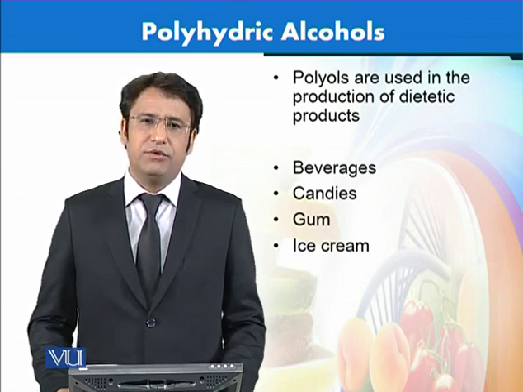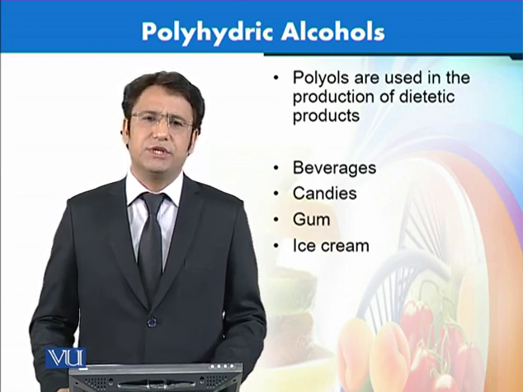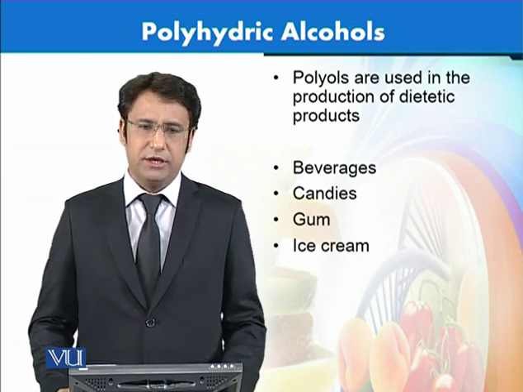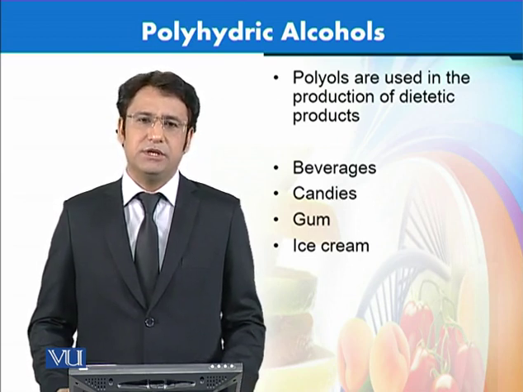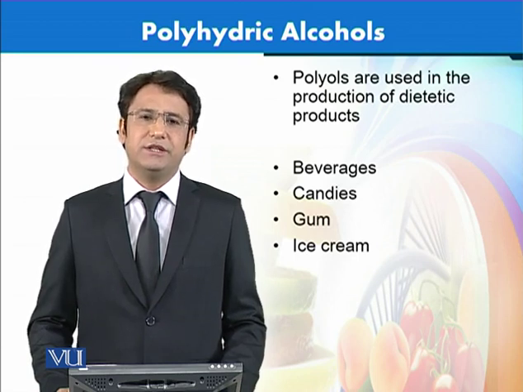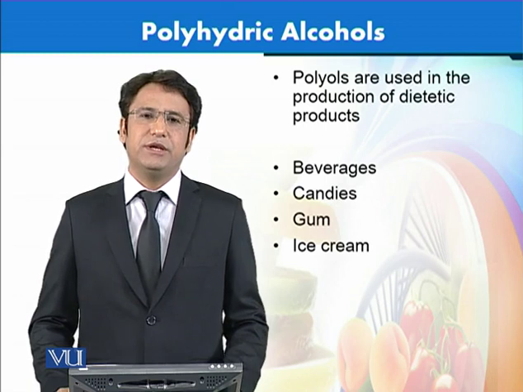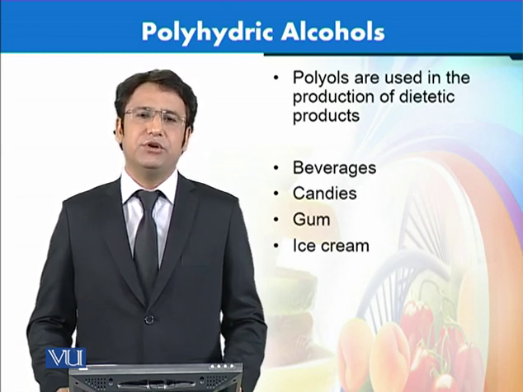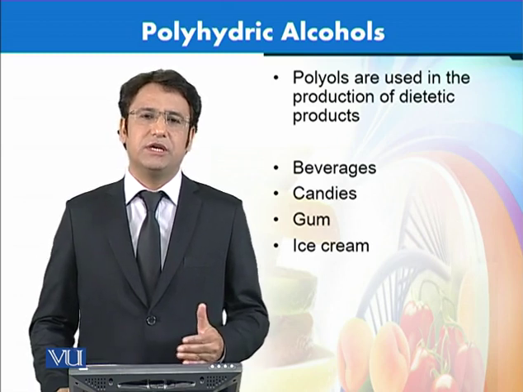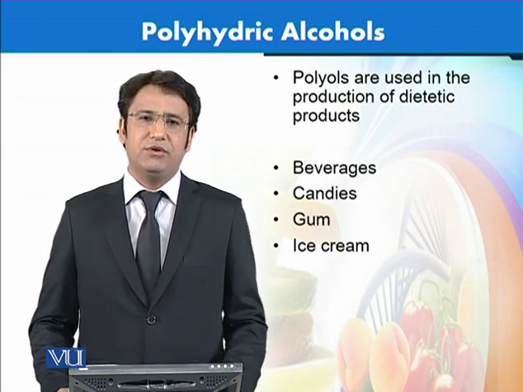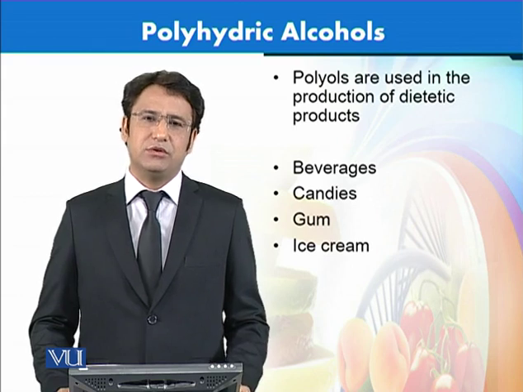Another benefit of using these polyols is that they are used in dietetic products. As I said earlier, for example, in bubble gums or in any other food products in which we want to reduce the glucose content, because diabetics would have problems if they consume a larger amount of glucose, or if they are consuming a food product that has a higher GI value, which means it would release high glucose.